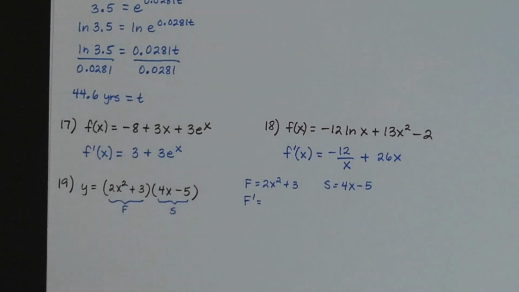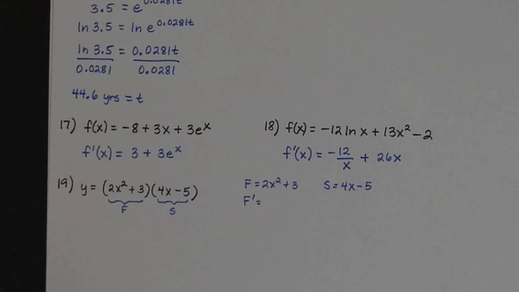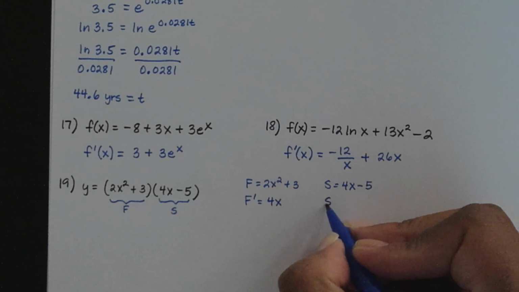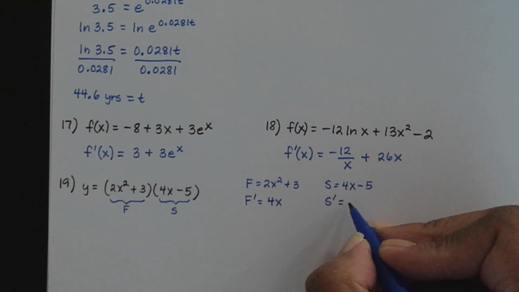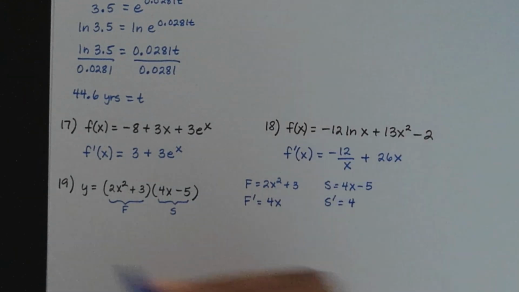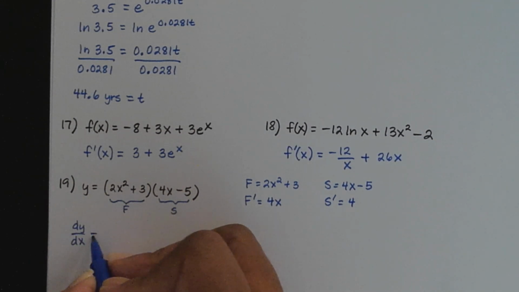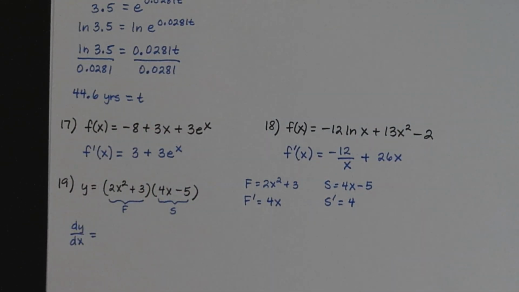In this case, what would be f prime of x, the derivative of the first? 4x. And for the second, 4x minus 5, what's the derivative of the second? Just 4. And of course, I'll use dy dx, or you can use y prime, it doesn't matter.